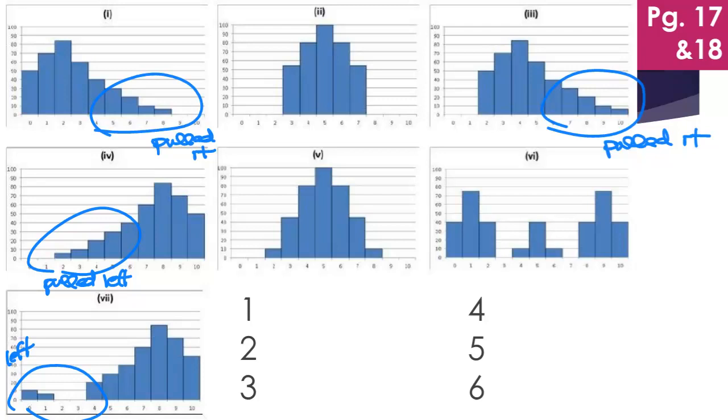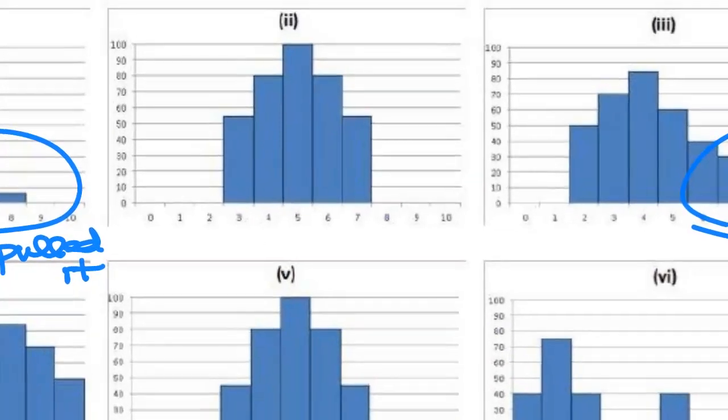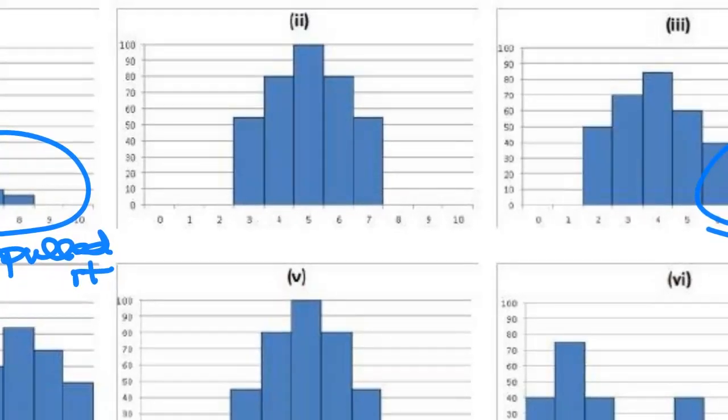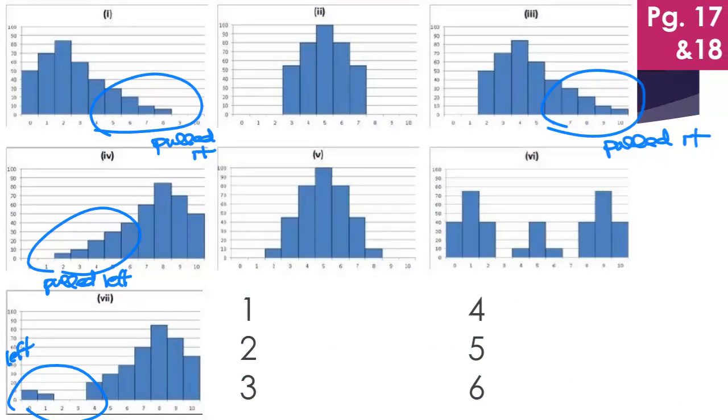Yemaya, stay with us, okay? What do you think? Can you tell which ones it's not? Would 2 have a mean that is bigger than the median? Looking at 2, would the mean and the median be different there? No, they'd be the same. So it's not 2. How about 5? No, it's not 5. How about 6?